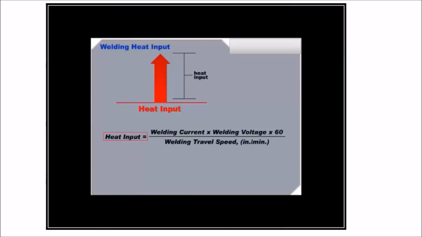Heat input equals welding current times welding voltage, divided by welding travel speed, in inches per minute, times 60. For this formula, heat input is expressed in terms of joules per inch and travel speed in inches per minute.